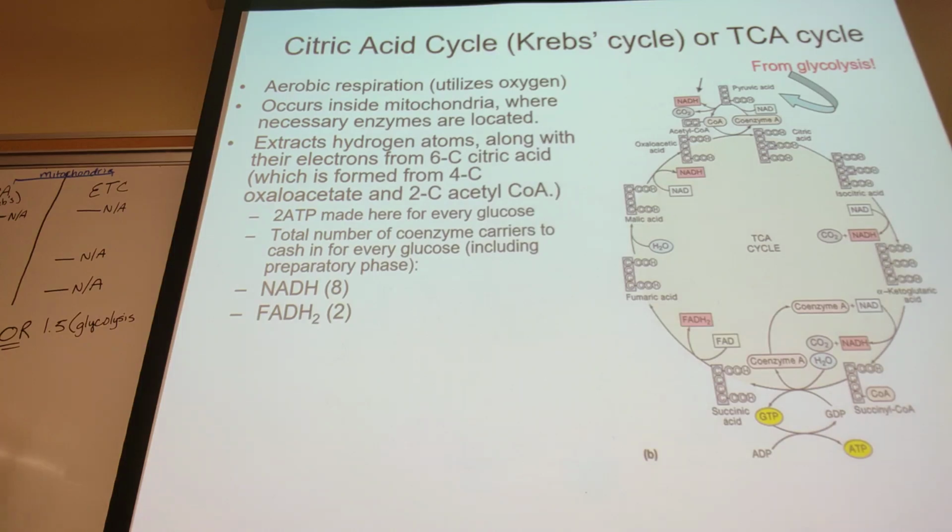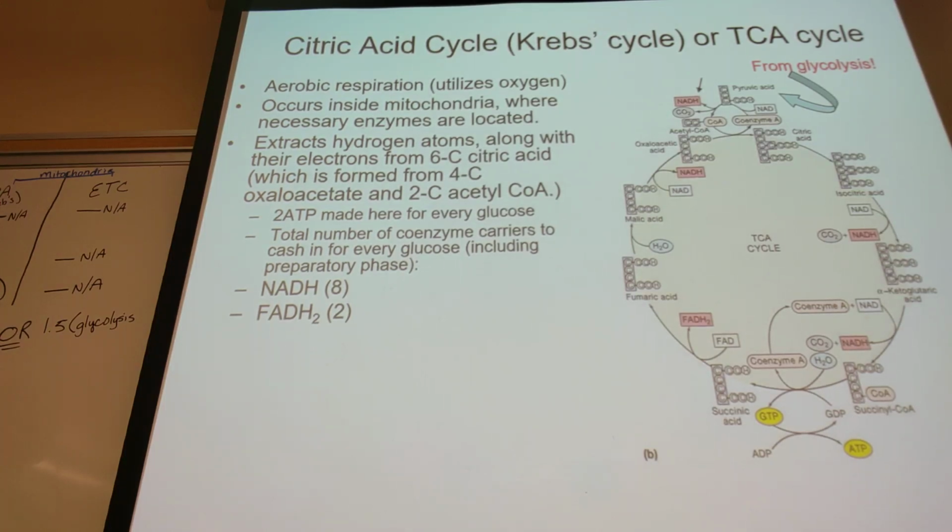Okay? So I'm going to put 4 NADH, but we get 2 turns, so it's really 8 total. We make 1 FADH2 for every pyruvate, but because 2 of them go through the cycle, that's technically 2 total. Okay? Can you follow that?